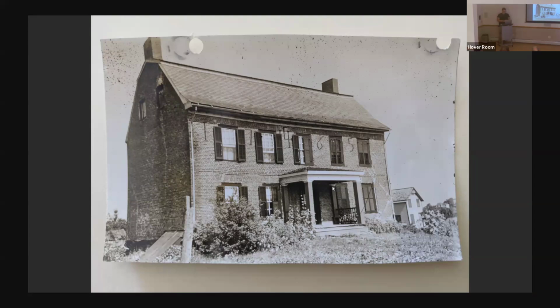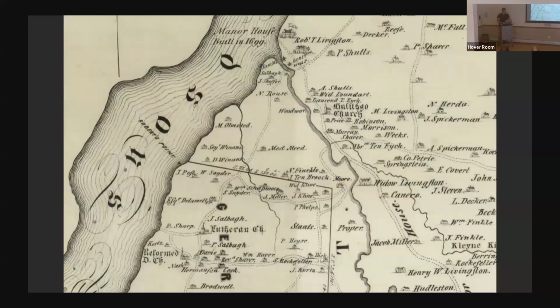Go back just a couple of slides there. Kortz's house that I just showed you a picture of, that's located here on the 1798 Wagram map. This corresponds to the southern bend of Sharps Landing Road today, right near the original Reformed Church in Germantown, Reformed Dutch Church, and also the Lutheran Church.